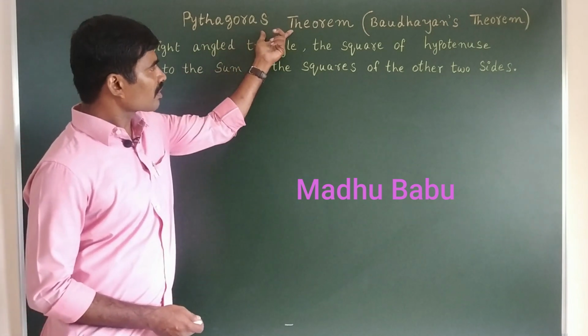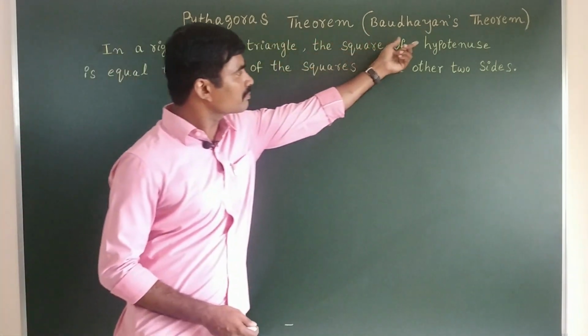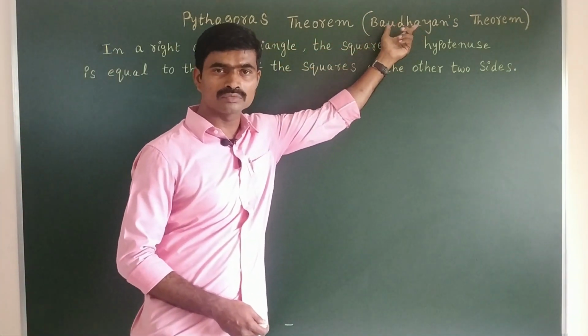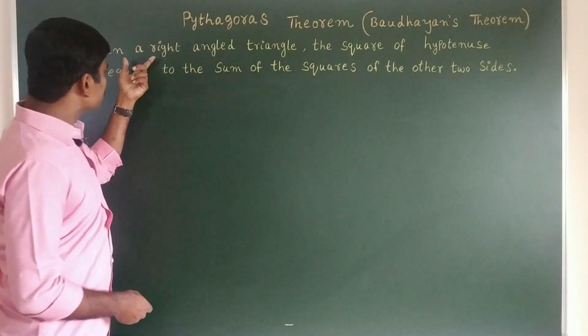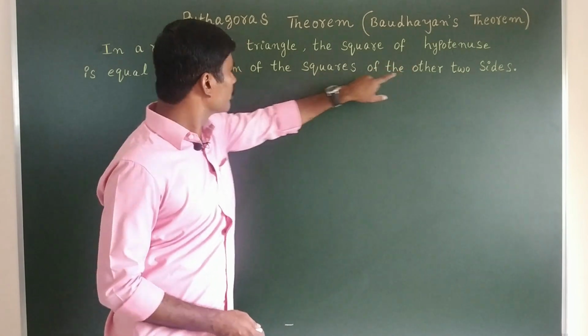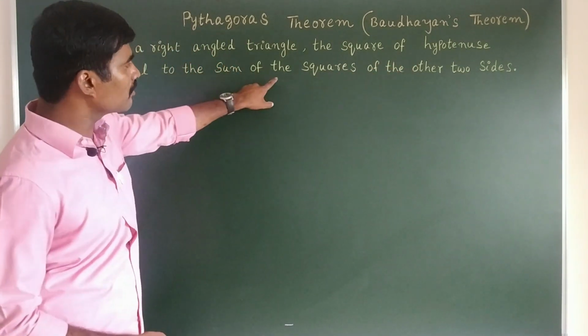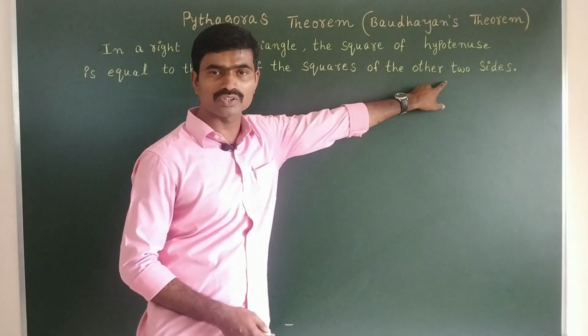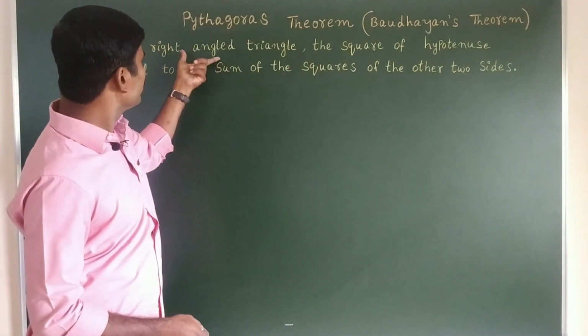Pythagoras theorem. It is also called Baudhayana's theorem. The statement is, in a right-angled triangle, the square of the hypotenuse is equal to the sum of the squares of the other two sides. So the given condition is a right-angled triangle.